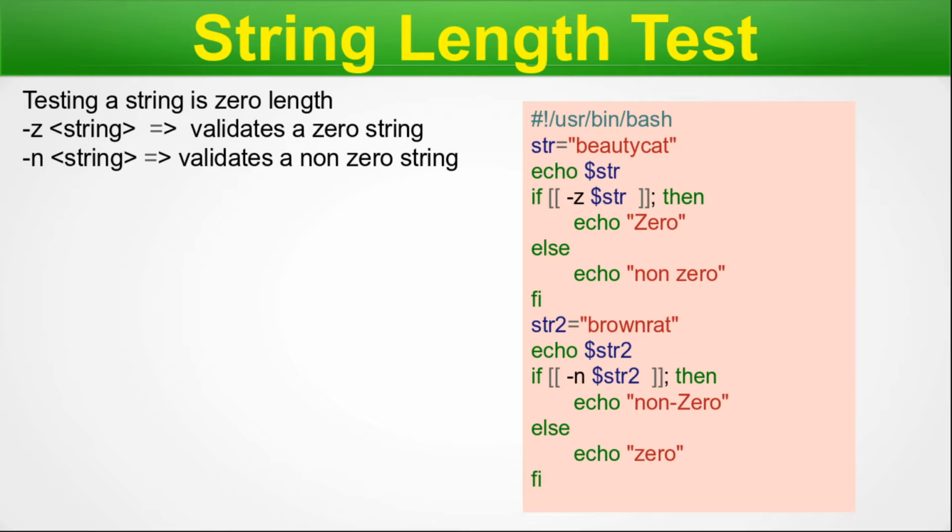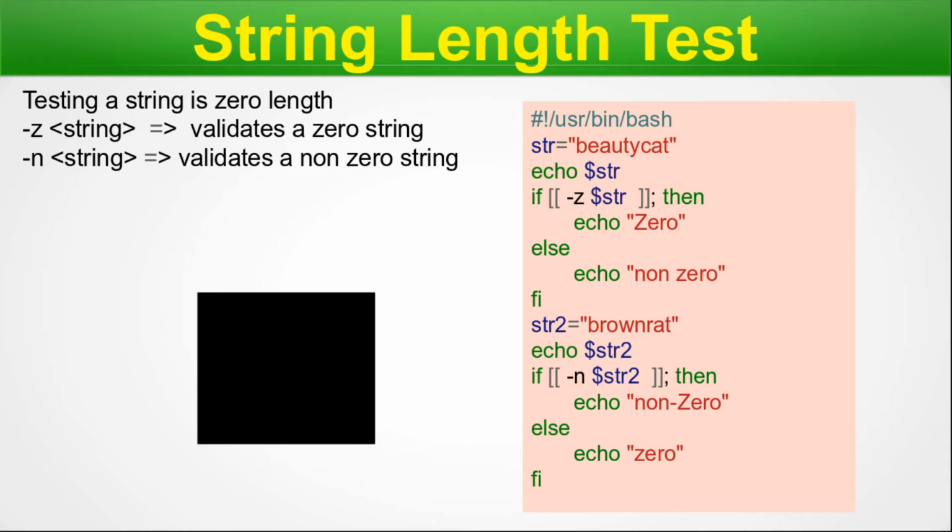So in one case, when the string is zero, it will give a positive return, and in the other case, when the string is non-zero, it will give us a positive return. These two serve the same purpose but in a different fashion. So this is how we can use it.